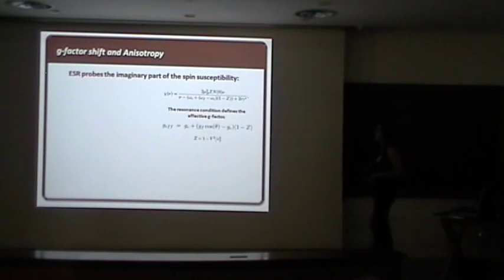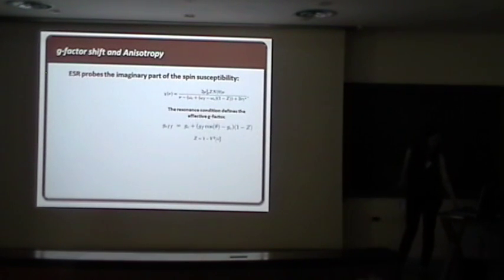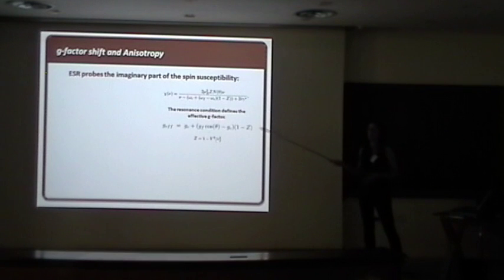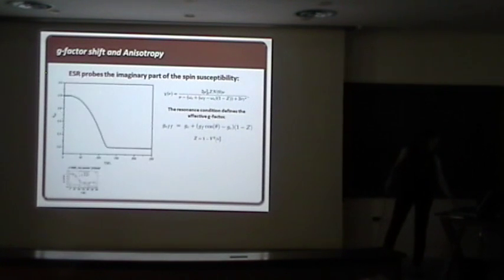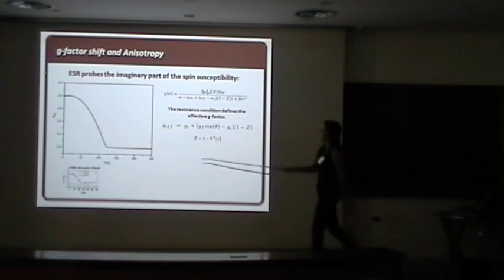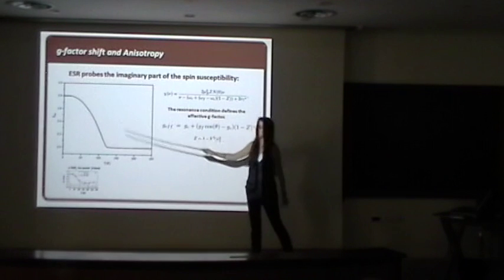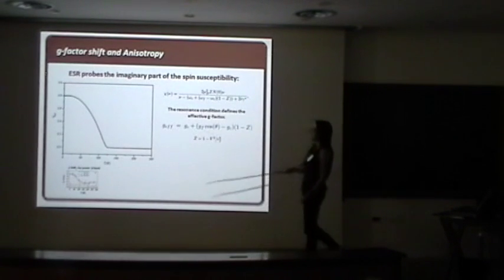And Z is my renormalization factor that will change with temperature if I minimize my free energy with respect to this hybridization that I introduced before. So if I do that, I can get the temperature dependence of my gyromagnetic ratio going from 2 to 2.8 at low temperatures.